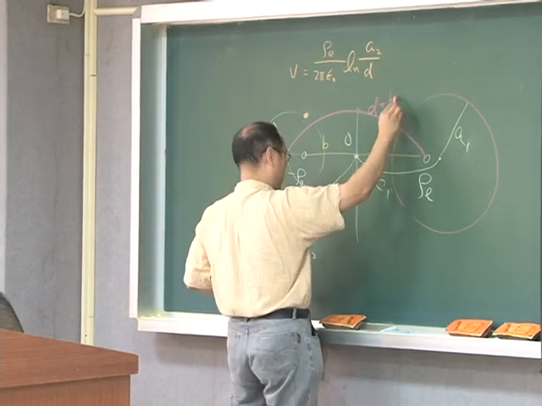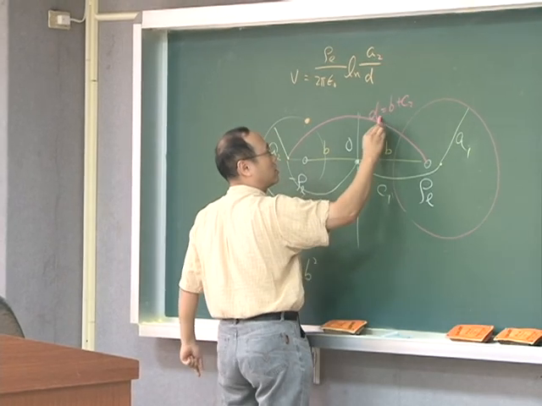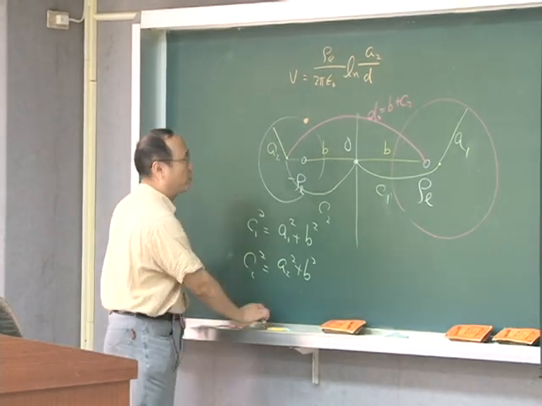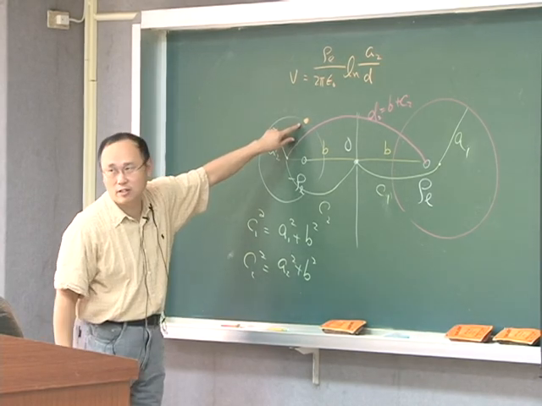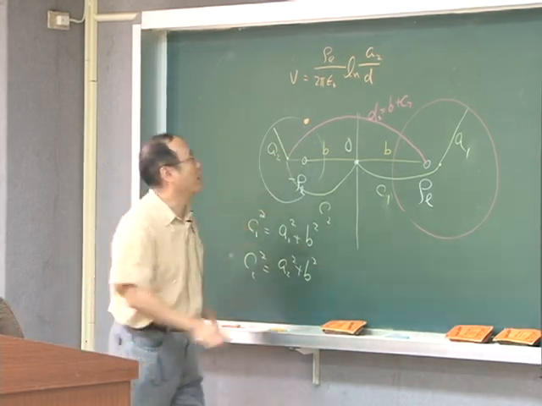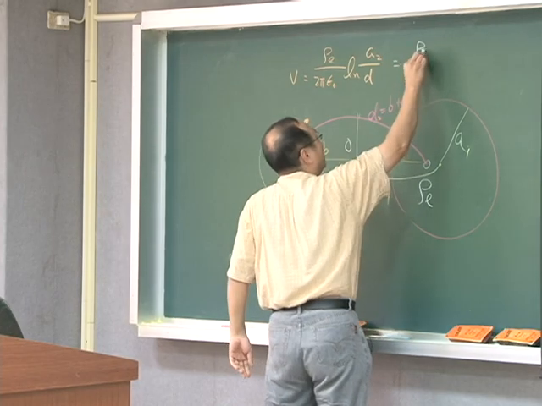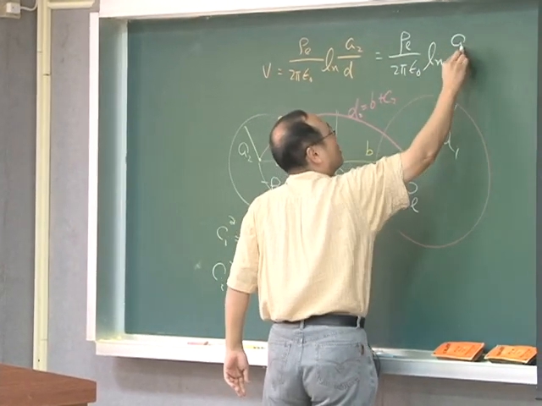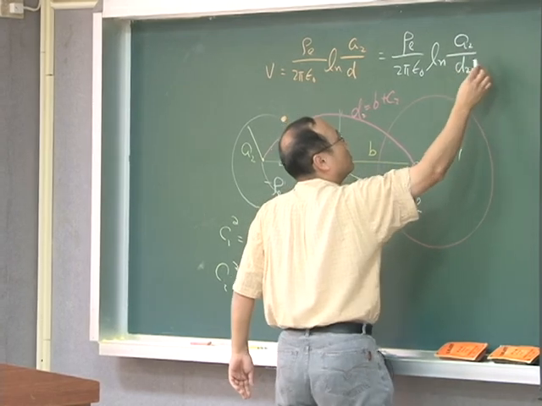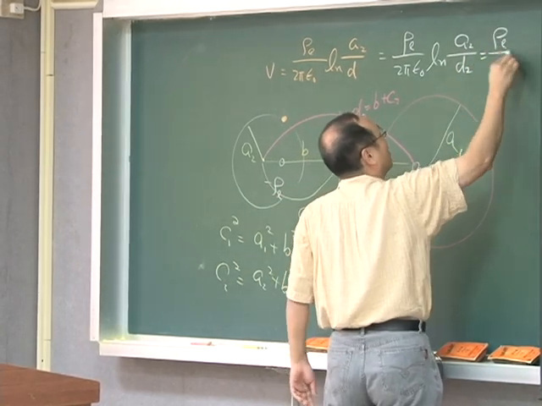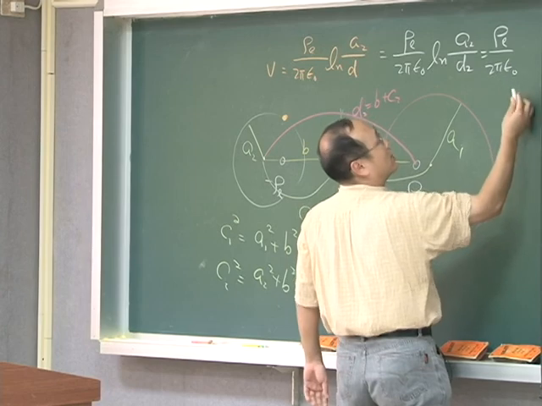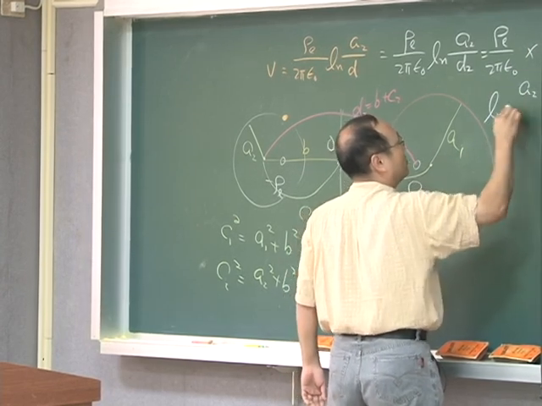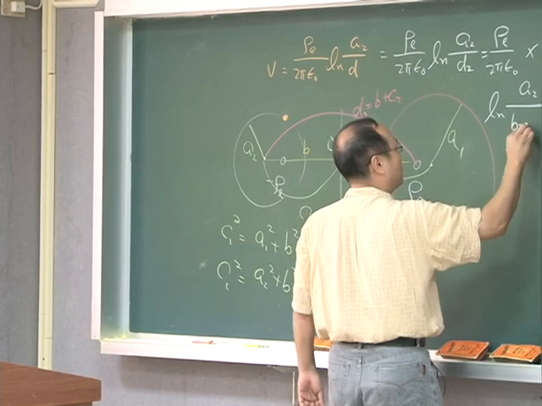So this is equal to B plus C2. Let's label this as D2. So if you want to calculate the potential on this circle, it's going to be equal to rho L over 2 pi epsilon naught multiplied with natural log of A2 over B plus C2.